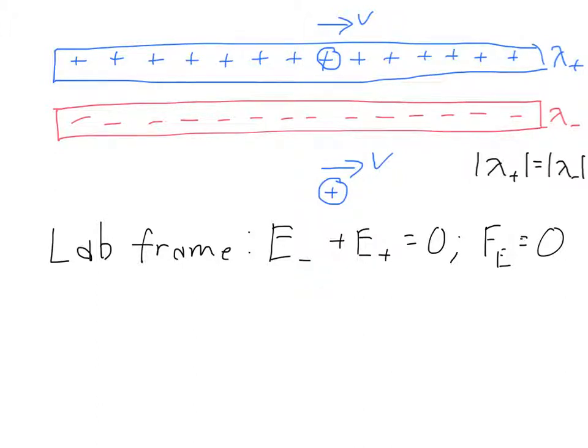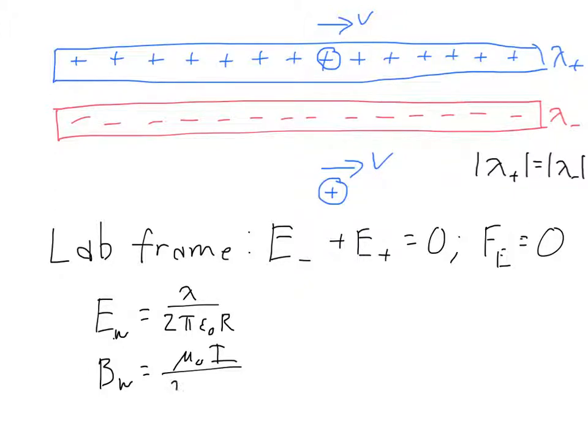On the other hand, what about the magnetic field? Well, one of the things we should remember is that first the electric field from a long wire is equal to the linear charge density divided by 2 pi epsilon naught r, while the magnetic field, the B field from a long wire with a current traveling through, is mu naught I divided by 2 pi r.